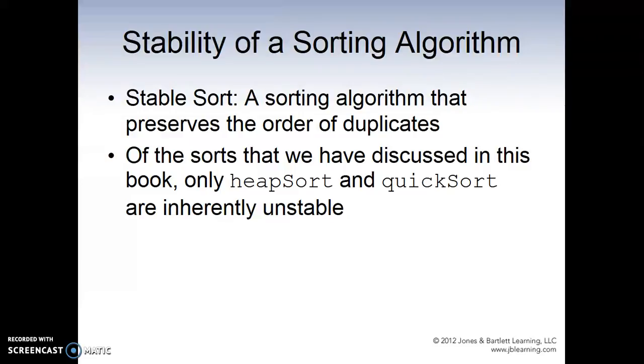Now look at stability of sorting algorithms. A stable sort is a sorting algorithm that preserves the order of duplicates. Of the sorts that we have discussed in this book, only heap sort and quick sort are inherently unstable.